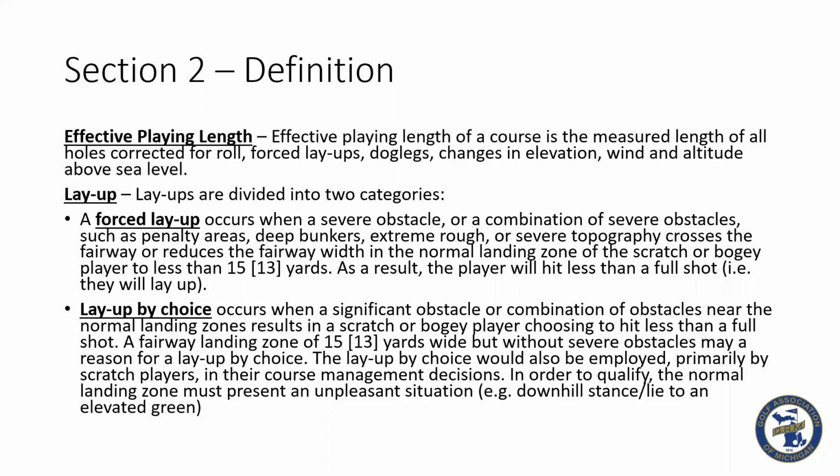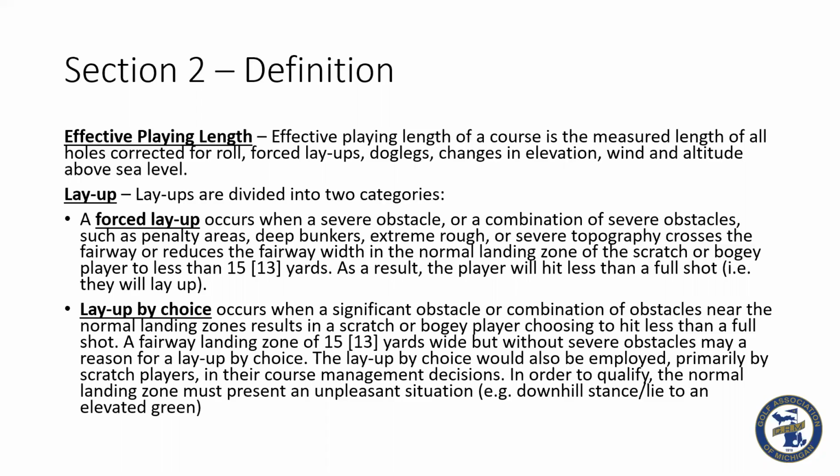Okay, and then the next one is the layup by choice. And this one, really we don't do it a ton, and it's probably a good thing that we don't, because it's more subjective than some of the other components of course rating.